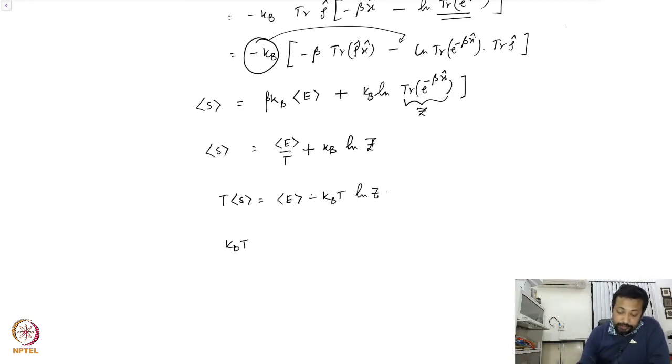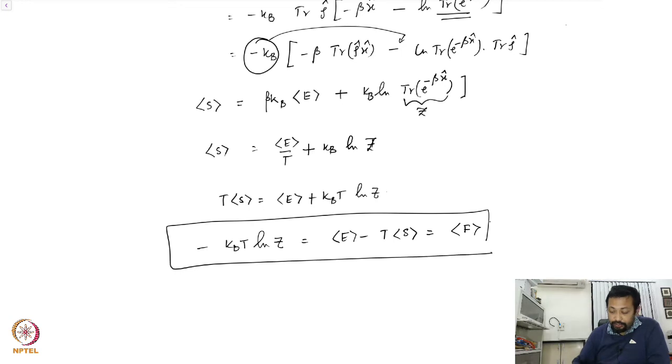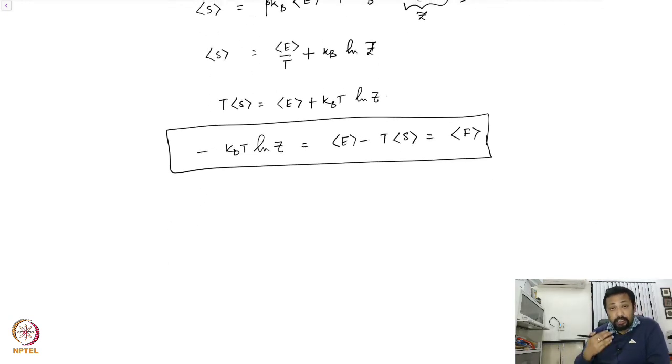So minus kBT ln Z is the average of E minus TS, which we identify as the free energy. So, a nice correspondence with classical statistical mechanics.